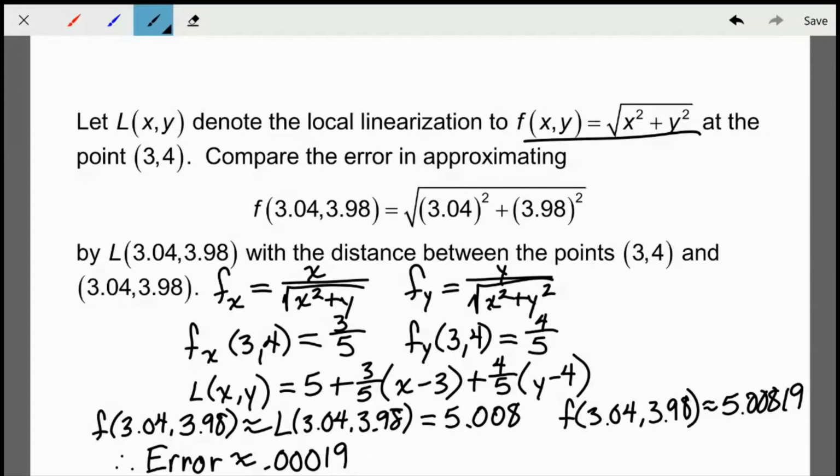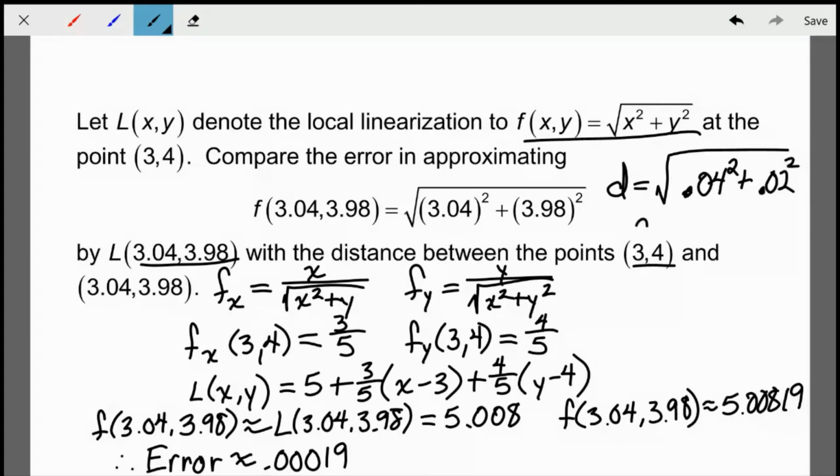Now, what they wanted us to do is compare it to the distance between the points. Well, the distance between the points, I'm just going to write it up here. My distance between my points would be the square root of, these are the 2 points they're talking about, 3.04, 3.98, and 3, 4. So the difference in the x's would be 0.04. The difference in the y's would be negative 0.02, or 0.02 squared.